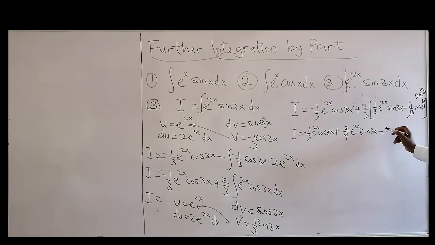And then we open that integral. There's also a 2 here. We have to be very careful here. 1 over 3 times 2 times 2, that's 2 over 3, so 2 over 3 times 2 over 3, that's 4 over 9. So that will be 4 over 9 integral e^2x sine 3x dx.